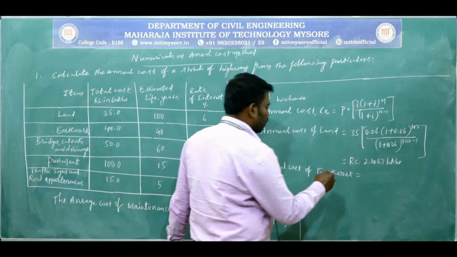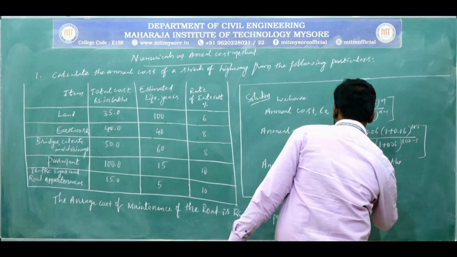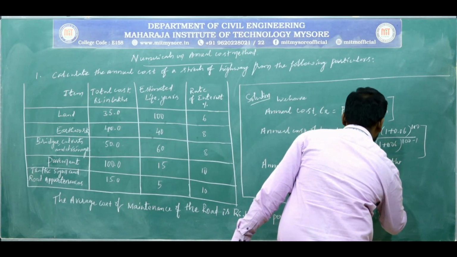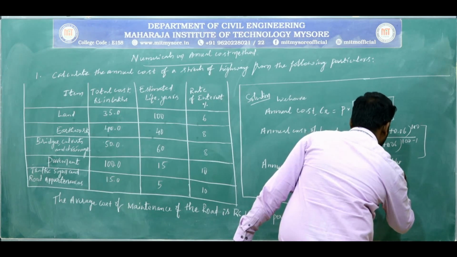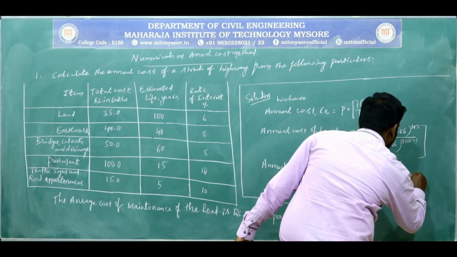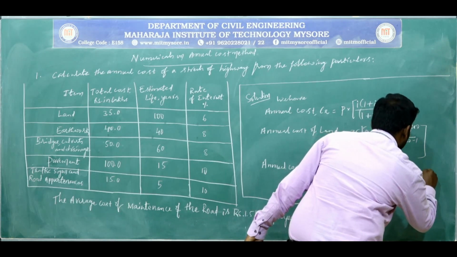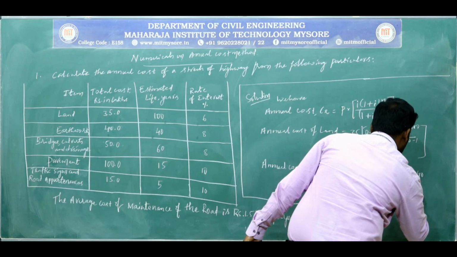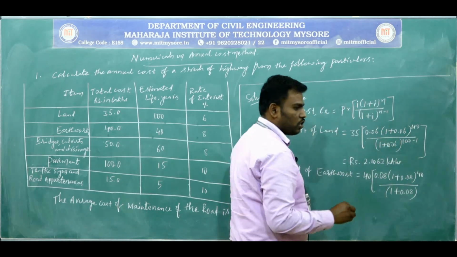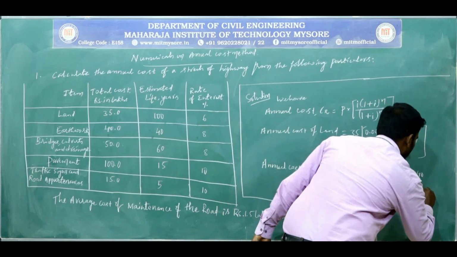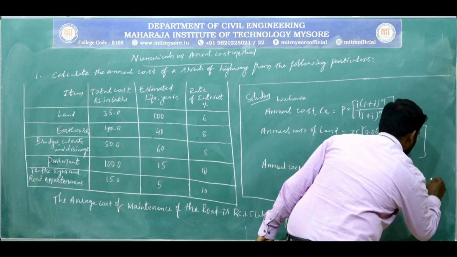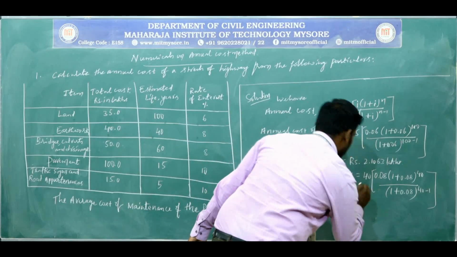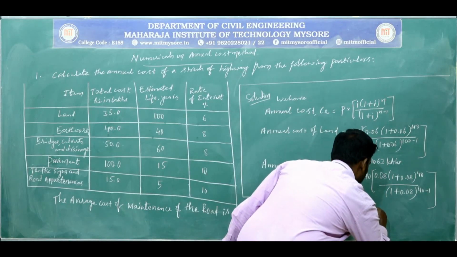Then substitute it: 40 multiplied by 0.08 into (1 plus 0.08) power 40 divided by (1 plus 0.08) power 40 minus 1.